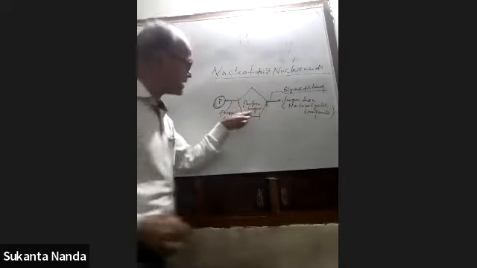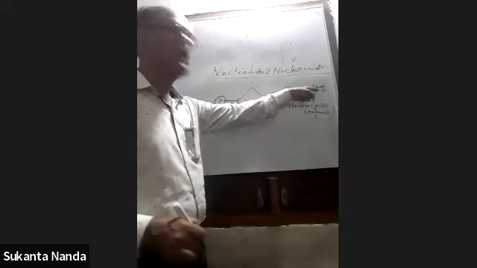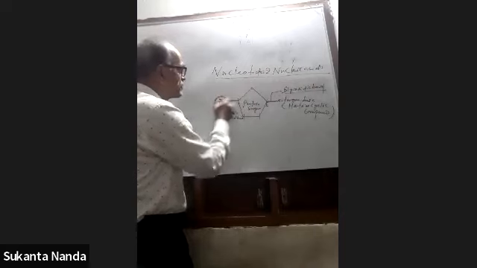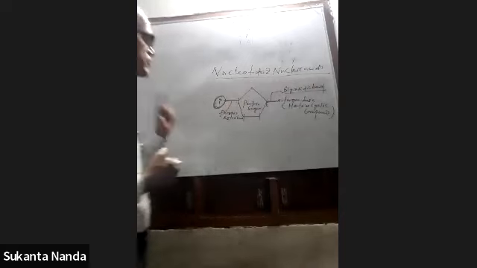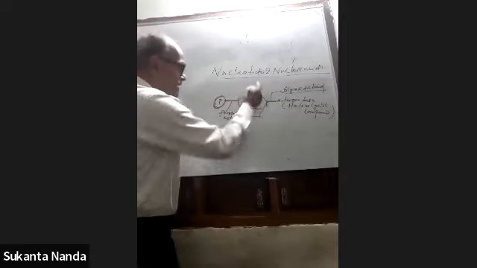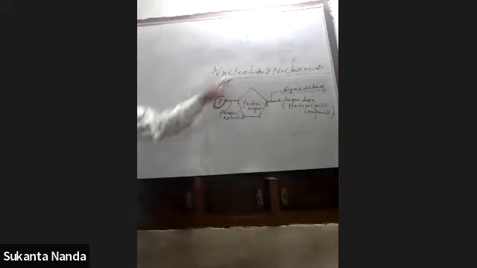Then you see that is the pentose sugar. This pentose sugar is joined with the nitrogen base by a glycosidic bond. Again, that pentose sugar is joined with phosphoric acid by means of a phosphoester bond. That means this is a nucleotide.